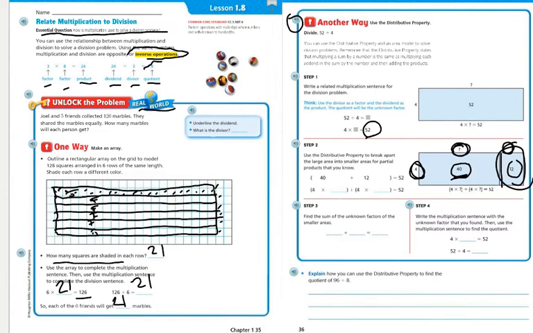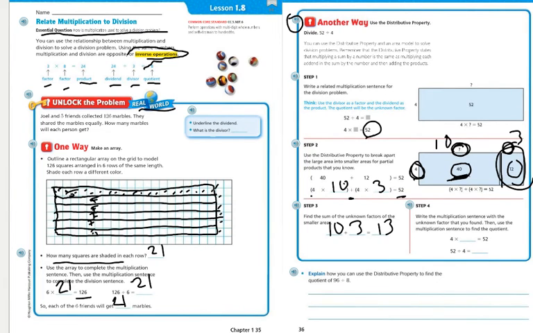Well, it makes it a little easier to figure that out because I know that 4 times 10 equals the 40, and I know that 4 times 3 equals the 12. So now, I have 4 times 10 plus 4 times 3, which equals 52. So now that I know that my sum areas are going to be 10 plus 3, which is 13.